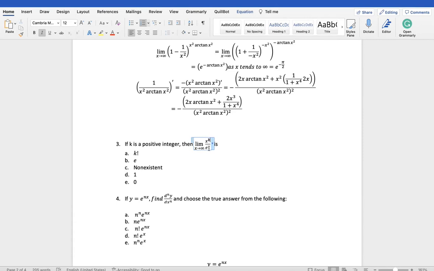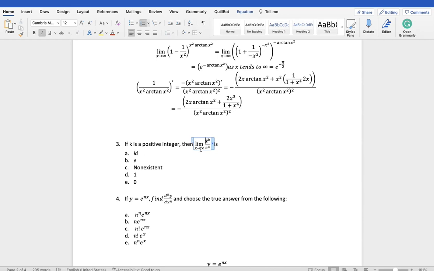I'll repeat that again. If you sketch x to the k and e to the x, and put higher and higher values of x, you will see that x to the k is increasing at a certain rate, but e to the x is increasing at a faster rate than x to the k.